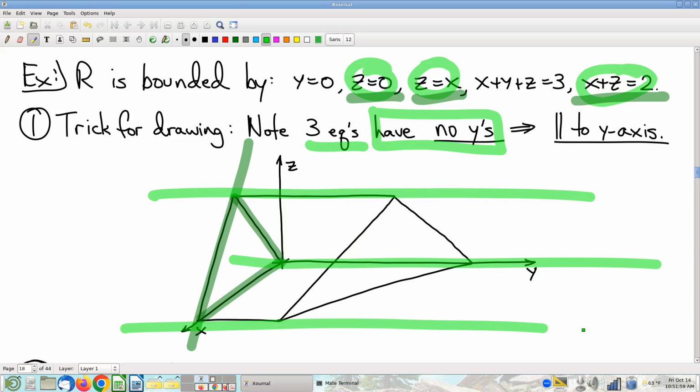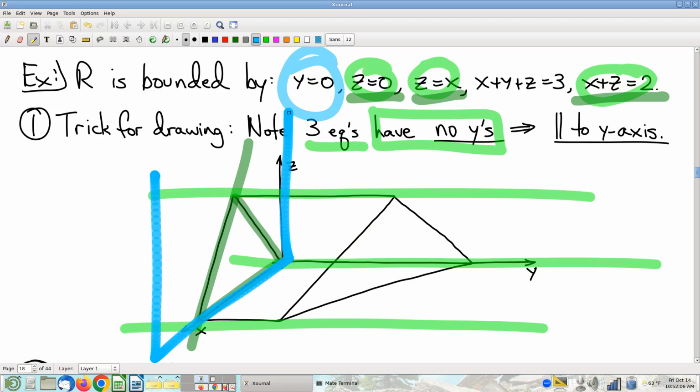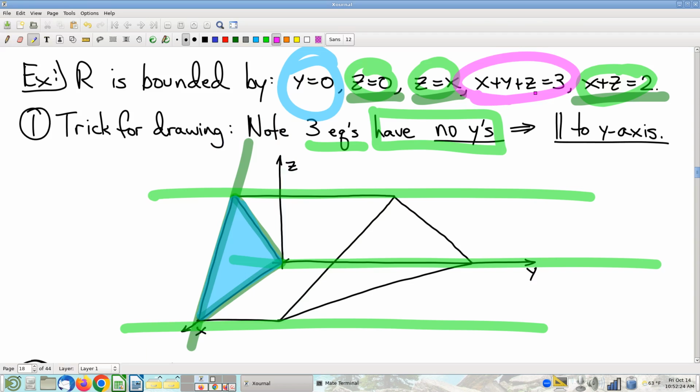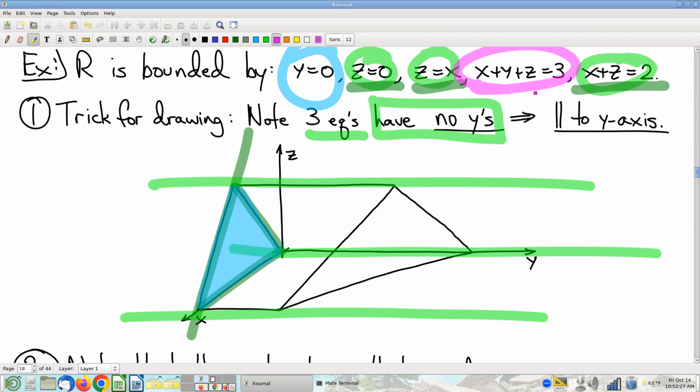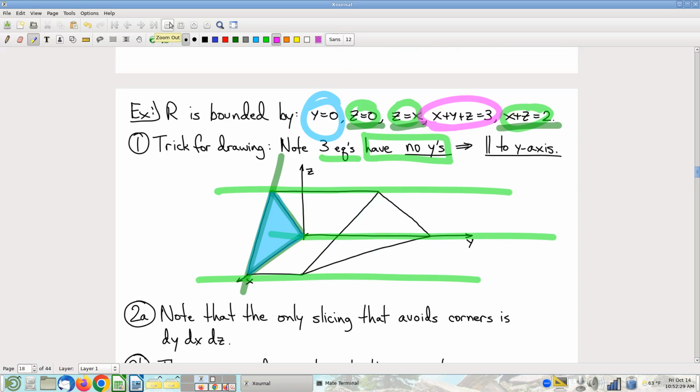Okay. Now you do have to then fill in the blanks. So y equals 0. Where is y equals 0? Well, that's this. Like that, how does this plane y equals 0 intersect our prism? Well, it intersects like this, right? And then I also have to, and this is the annoying one, I have to think about this plane. Oh gosh, how does that intersect? And this is x plus y plus z equals 3.